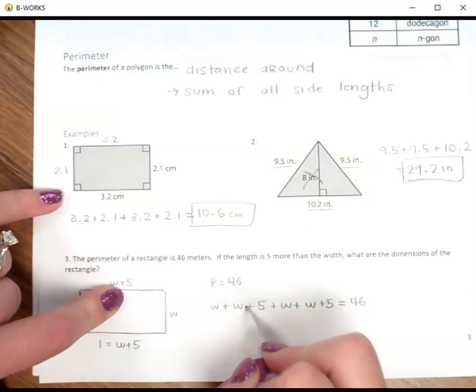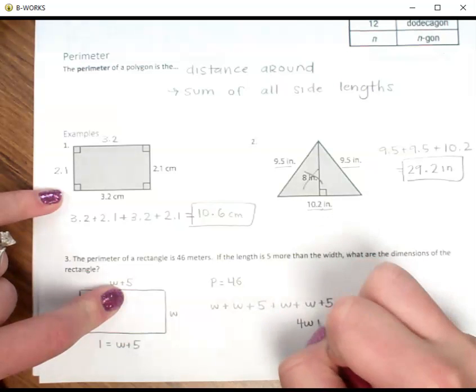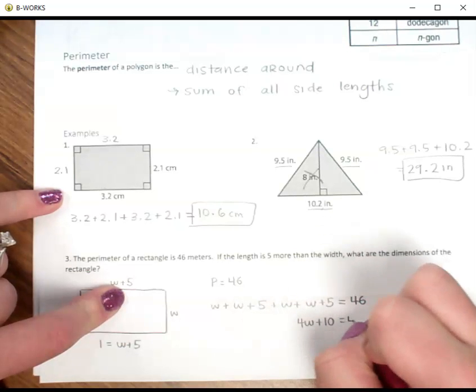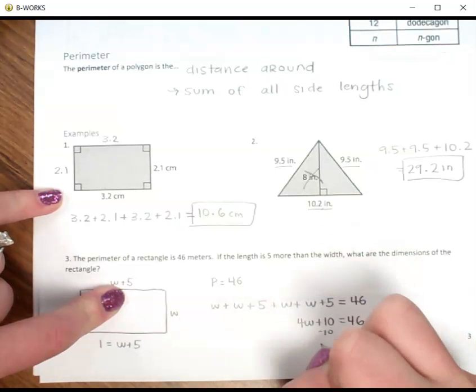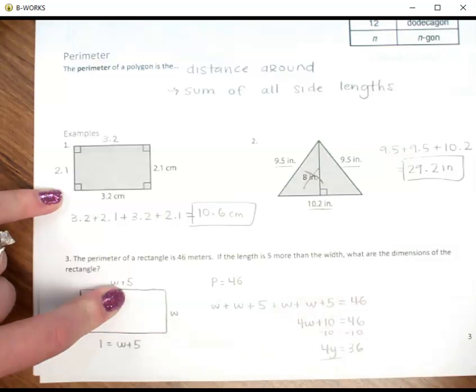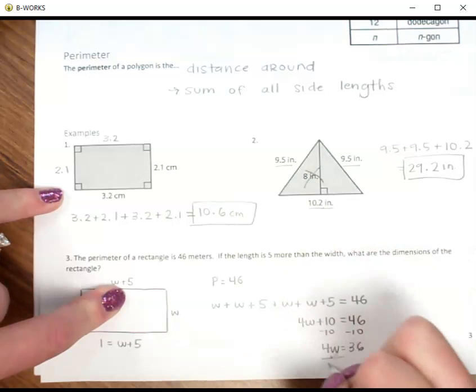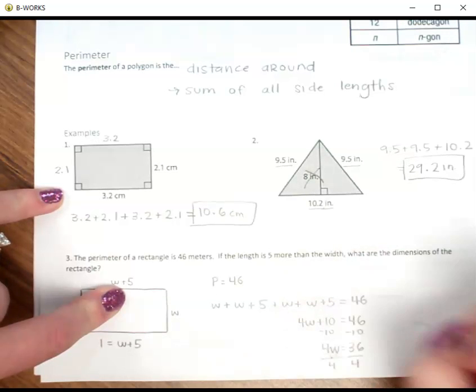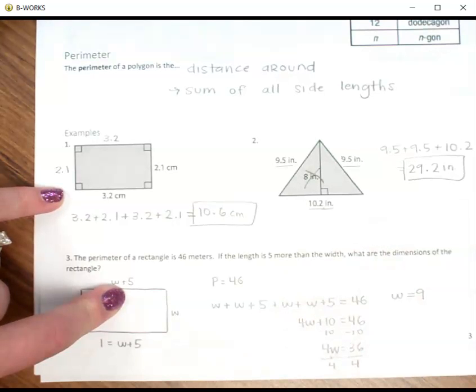We've got 1, 2, 3, 4 W's. 5 and 5 is 10. If I subtract 10, 4W is 36. Whoops, that's a W. 4W is 36. When I divide both sides by 4, I get my width to be 9.